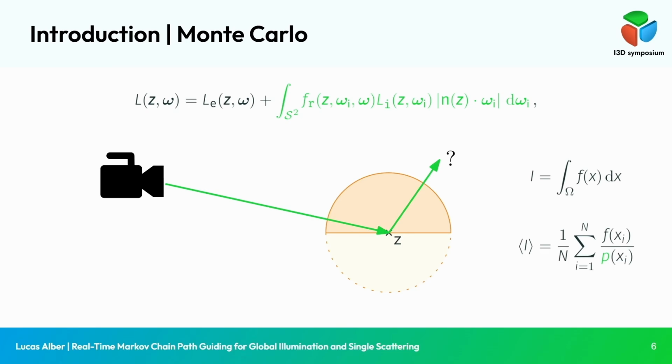For that reason, we're using a Monte Carlo approach. We take samples of the integrand by tracing paths in the scene according to some probability density P. By dividing by the probability density and taking the mean, we then obtain an estimate of the integral. The approximation error or variance manifests itself as the noise in the final image.